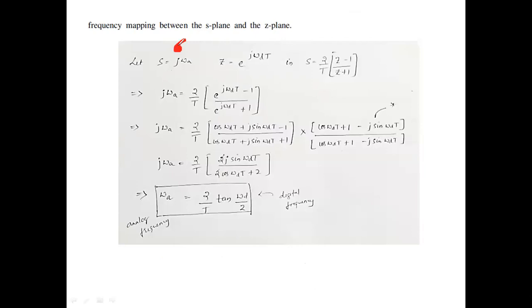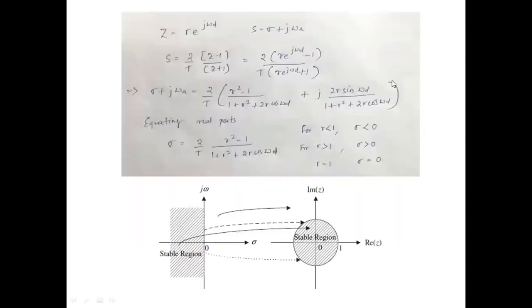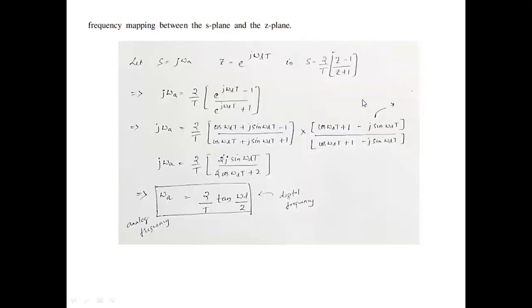Let us only take s equal to j omega a, assuming sigma equal to 0 plane only, and study the frequency behavior. In the previous expression we had two terms, one for sigma and one for omega, the real and the imaginary one, so we could as well analyze this segment. It still gives us the same results.